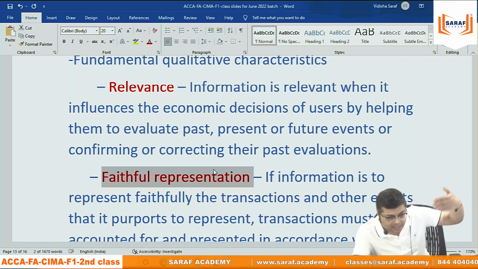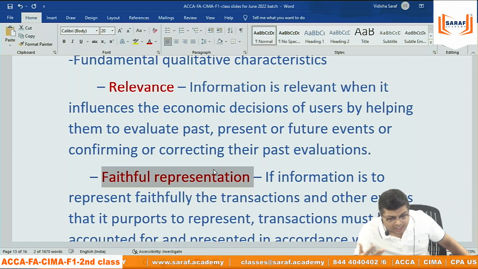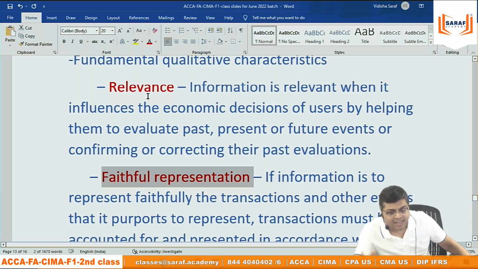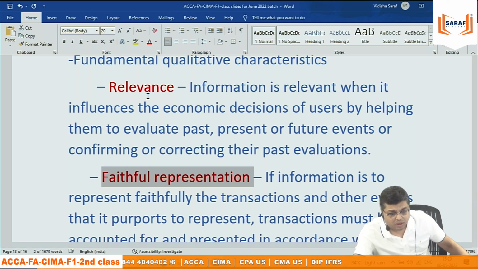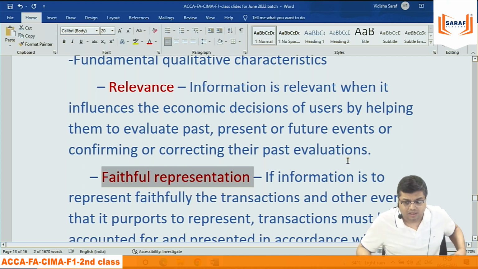Assets presented under a different heading, liability presented under a different heading, not summarized properly. Then the financial statement will lose its relevance. So omission or misstatement of something which is material, which is important, affects relevance. Information is relevant when it influences the decision of the users.